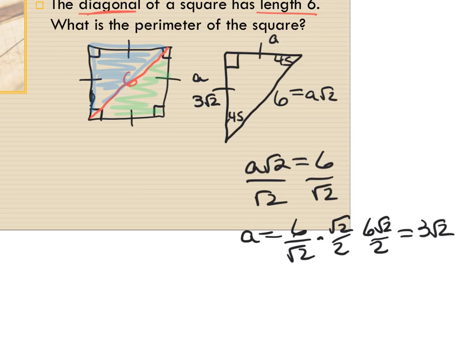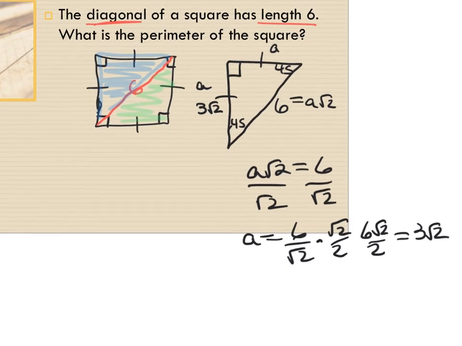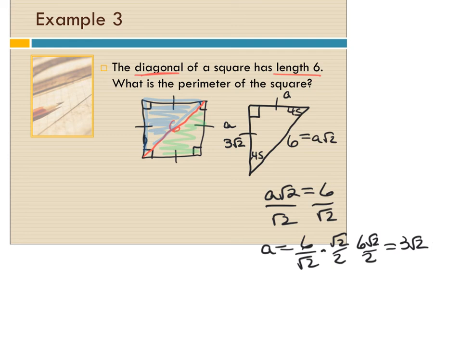Okay, now that I found the length of the leg, remember that is all of the sides of my square. So all 4 sides are 3 square root 2, because remember in a square, all sides are the same.